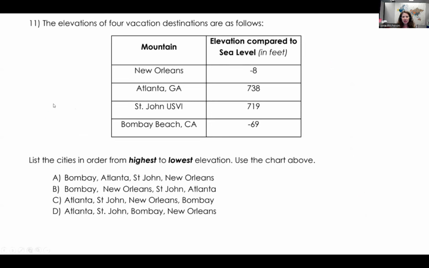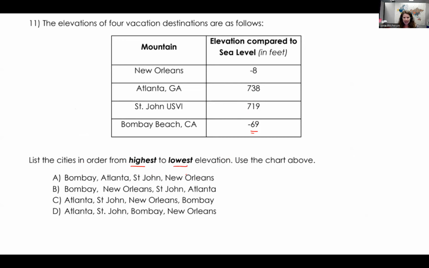The elevations of 4 vacation destinations are as follows. We have New Orleans, which is less than sea level. That's why it flooded back when we had Hurricane Katrina a few years ago. Atlanta, St. John, and Bombay Beach, California are also below sea level. List the cities in order from highest to lowest elevation.